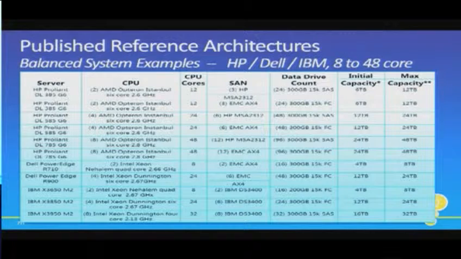The biggest one I have is a couple of big ones. It is the HP ProLiant DL785, that can go up to 48 terabytes of system. And as you can see, this is an 8 sockets, 6-core each, 48 total. And then we have here the number of MSAs. They're using MSA, 15K, 300 gigabyte drives.